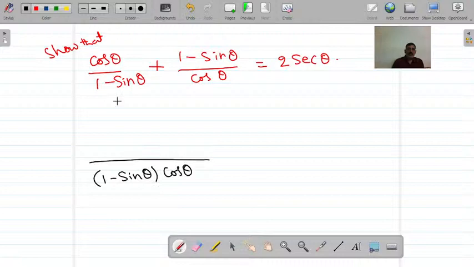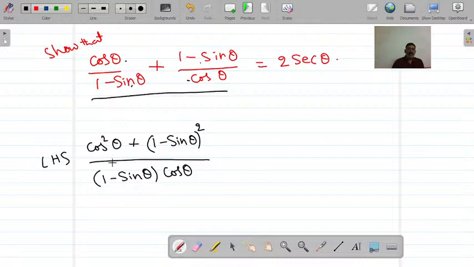Now we know that 1 minus sine theta divides it cos theta times. So cos theta into cos theta is cos square theta, plus again (1 minus sine theta) into (1 minus sine theta), it is (1 minus sine theta) whole square. So I started with LHS and I obtained this.